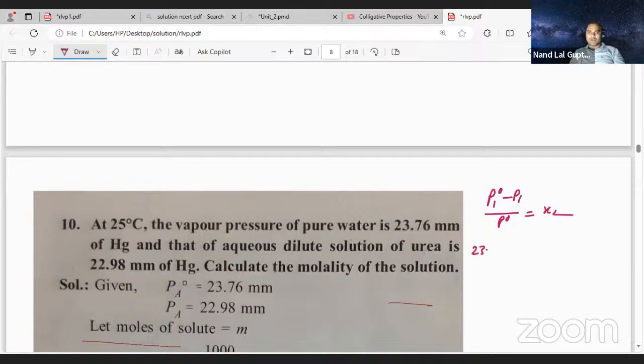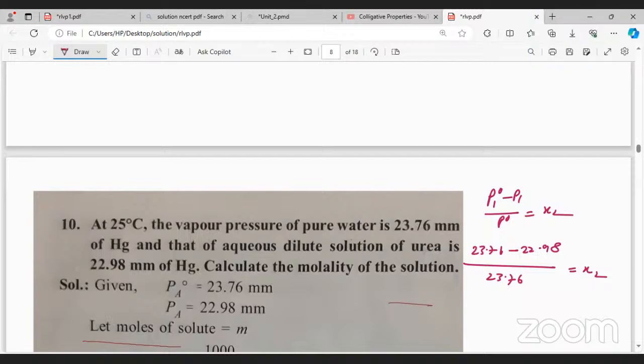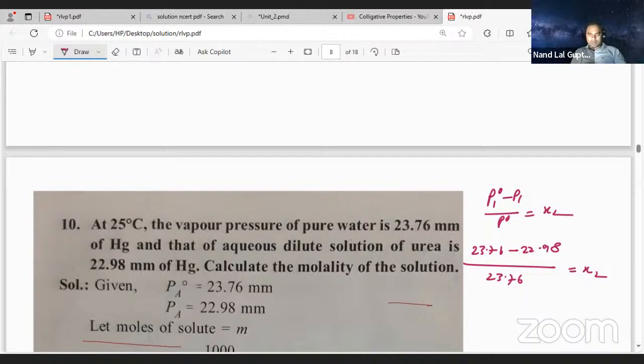How? 23.76 minus 22.98 divided by 23.76 is equal to X2. So if you are solving this one, you can also do this one, no problem.